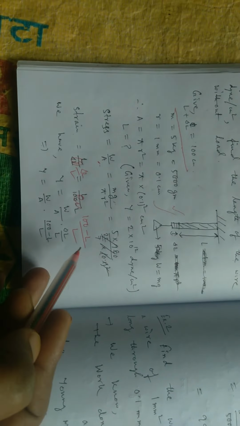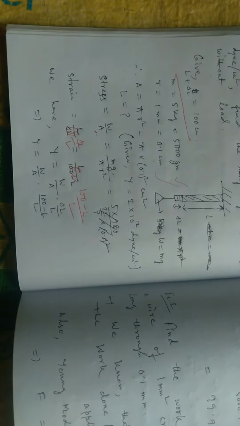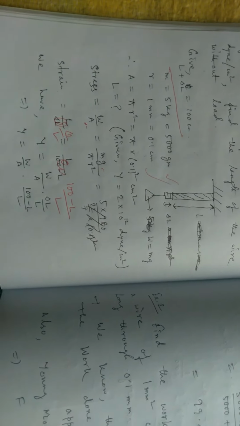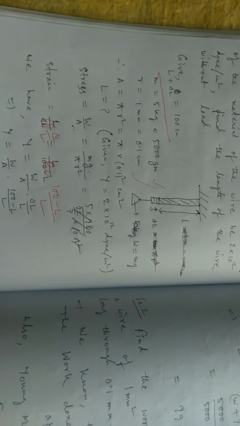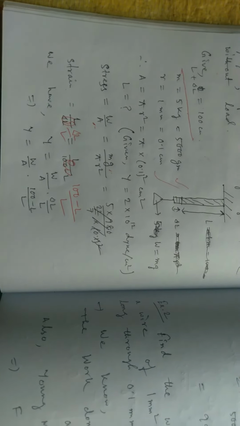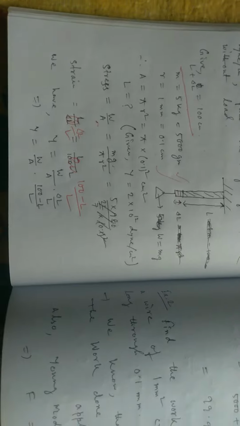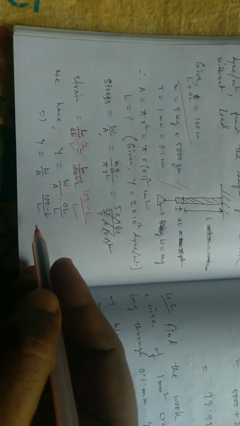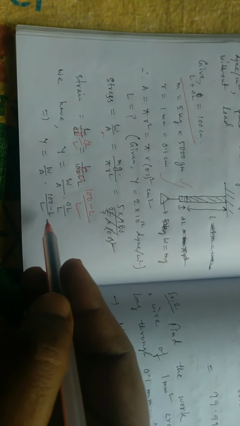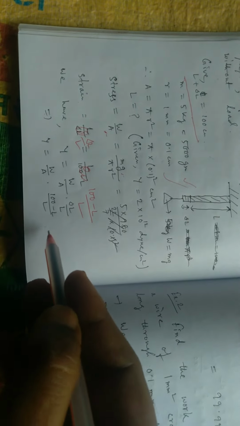So delta L will be 100 minus L by L. So delta L by L is 100 minus L by L.